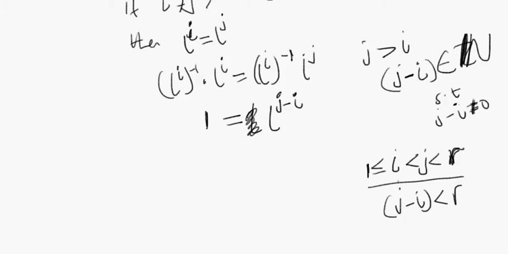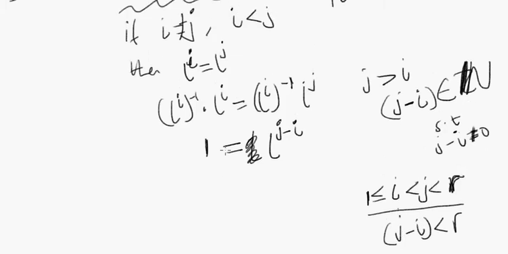If j minus i is less than R and the order of l equals R, can we ever claim that l to the j minus i equals the identity?